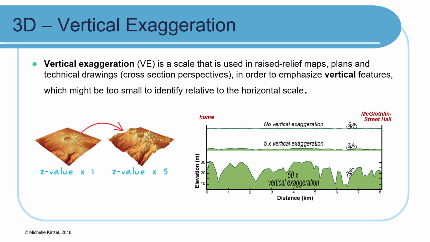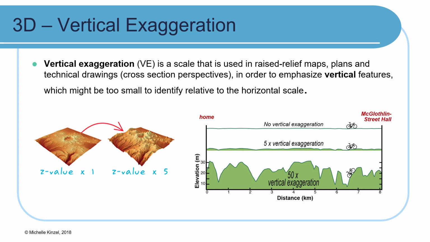This is an example of a z-value on the left times 1, and then if it's exaggerated times 5, you can see that crater is really standing out, and the valleys are very prominent, the darker areas, the burgundy or rust color.